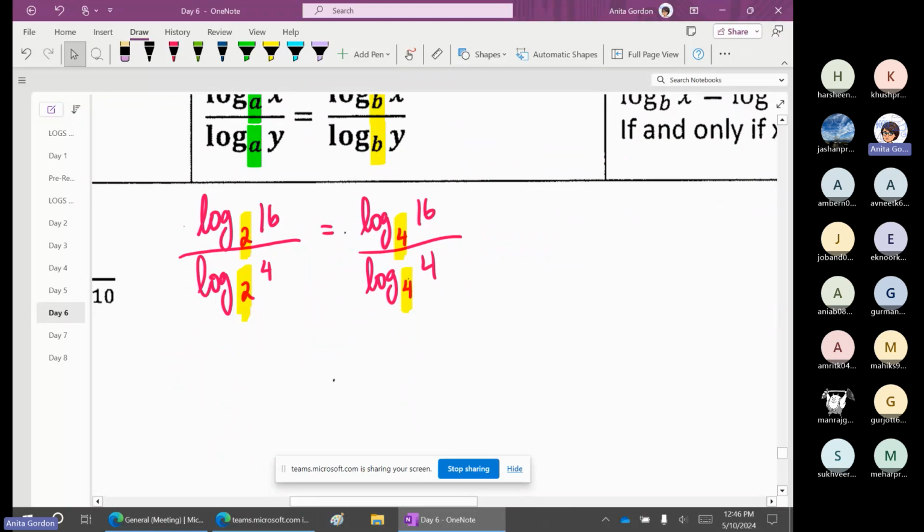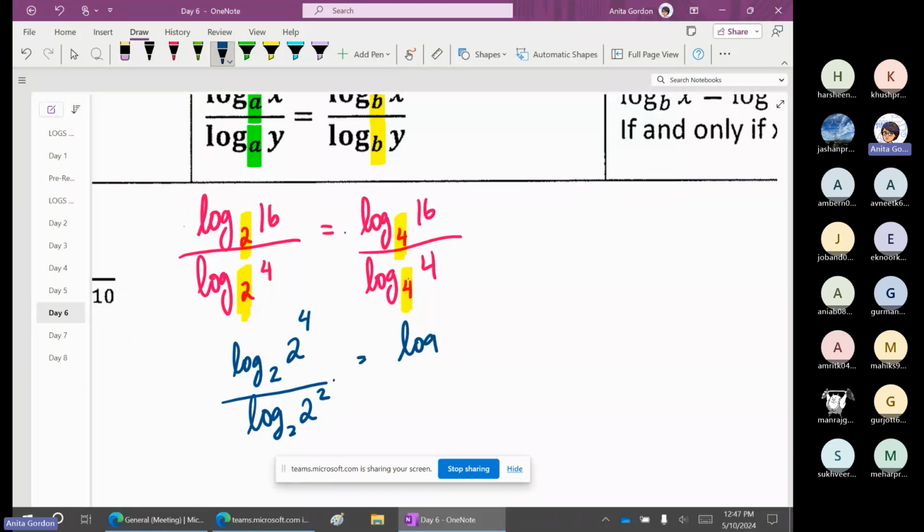Can we simplify this? This is log base 2 of 2 to the 4. Log base 2 of 2 to the 2. Log base 4 of 4 to the 2.